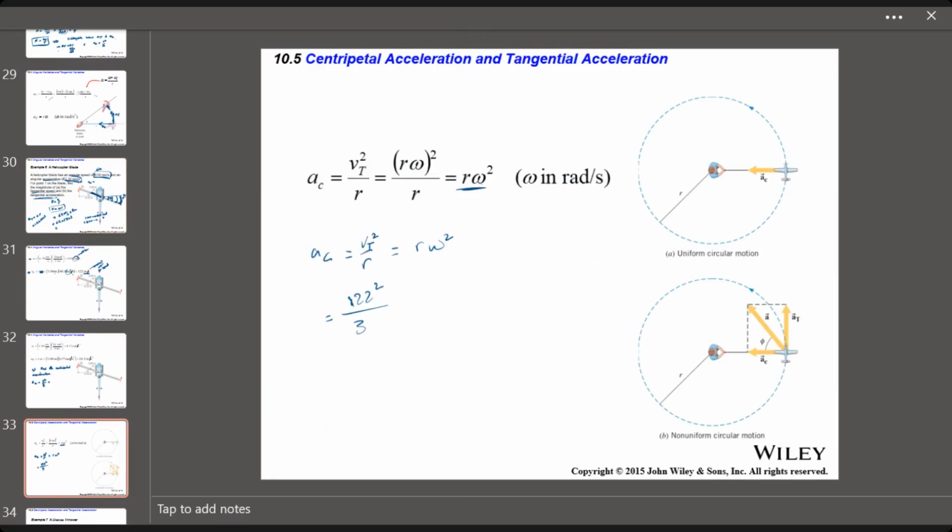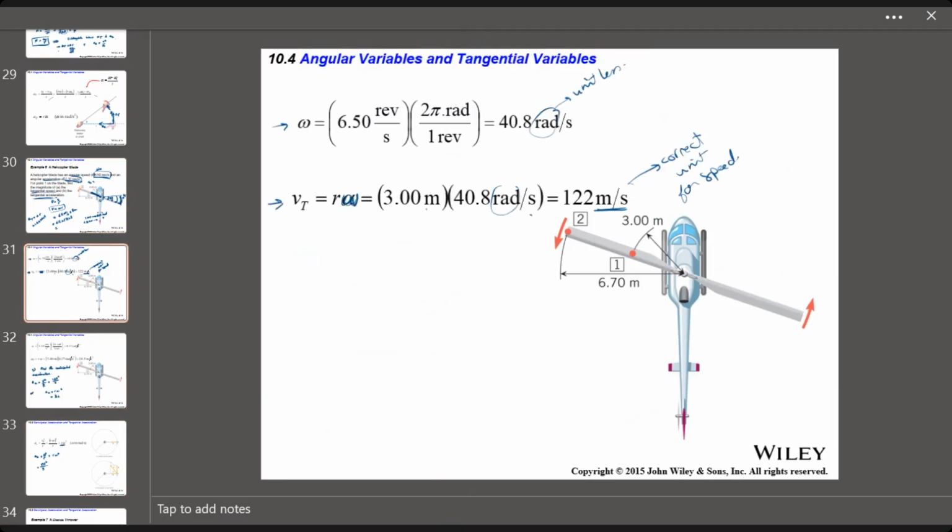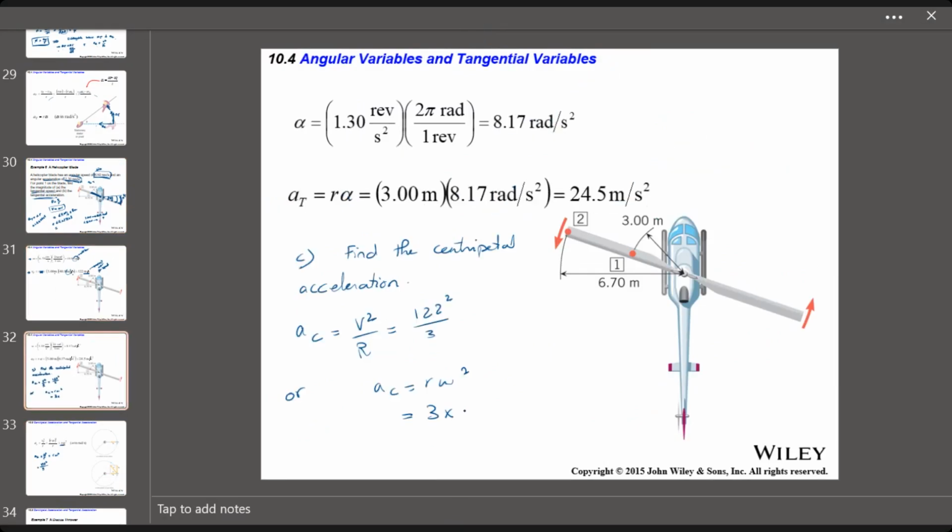So I would use AC equals r omega squared, and this is 3, and omega was 6.5 times 2 pi. You will square that as well, and you will get exactly the same answer. Thank you, Anthony. Any questions, everybody?